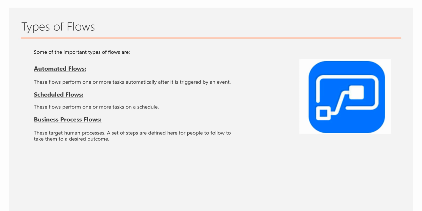Scheduled flows. These flows perform one or more tasks on a schedule. Business process flows. These target human processes. A set of steps are defined here for people to follow to take them to a desired outcome.